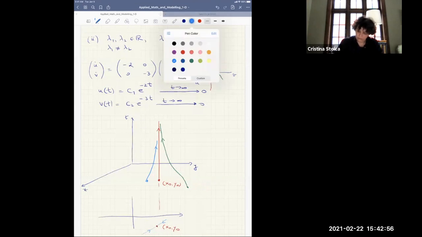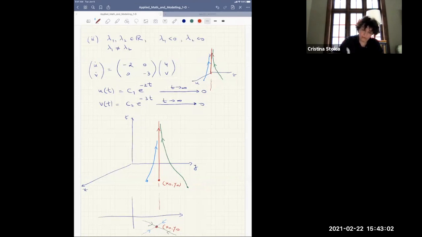So now a question for you so I can let you go. What kind of equilibrium is this one? It's a sink, yes.